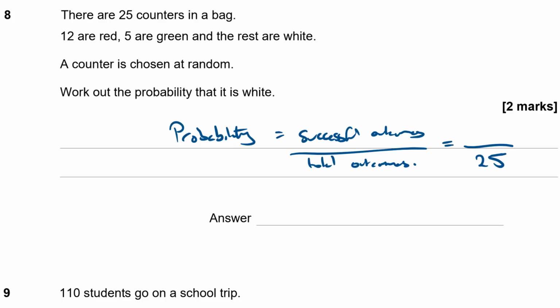Now we want to know the probability that it's white, and we know that 12 are red and 5 are green and the rest are white. So how many white ones is that altogether then? 25 subtract 12 subtract 5. 25 subtract 12 is 13, subtract 5 is 8. So there's going to be 8 white counters. So there are 8 successful outcomes out of a total of 25.